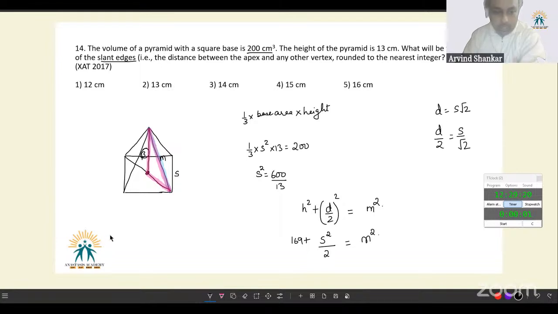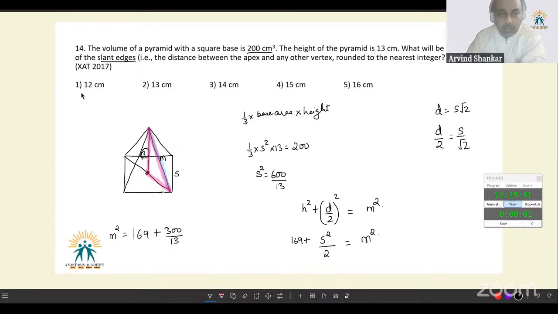So I get my m square as 169 plus 300 by 13. Now don't do 169 into 13 and get to 2187 or 2197, whatever is 13 cube, and then do your subsequent processing.